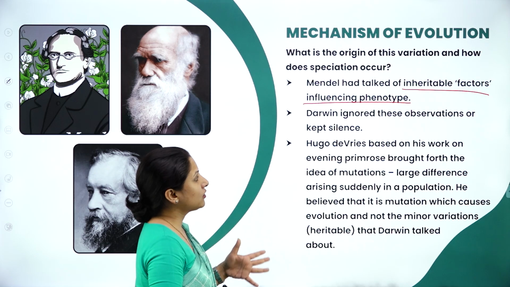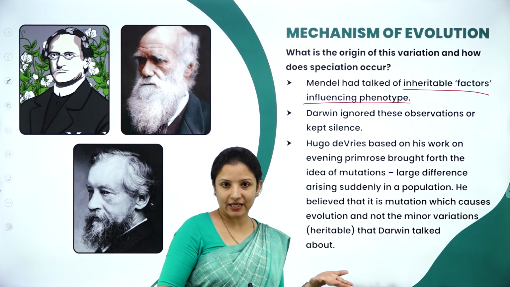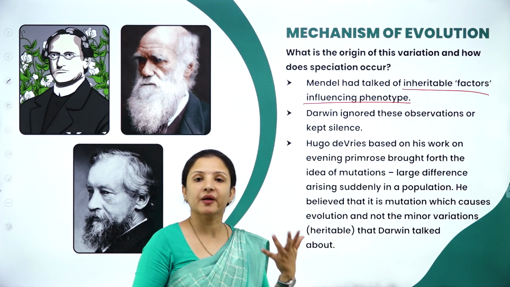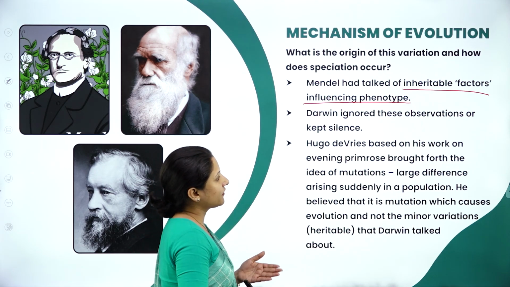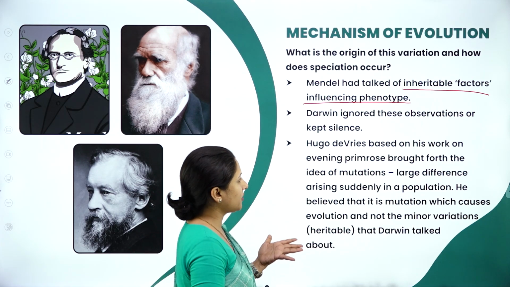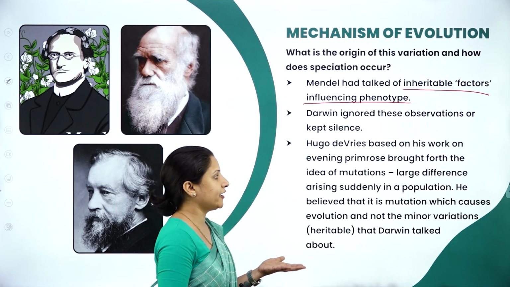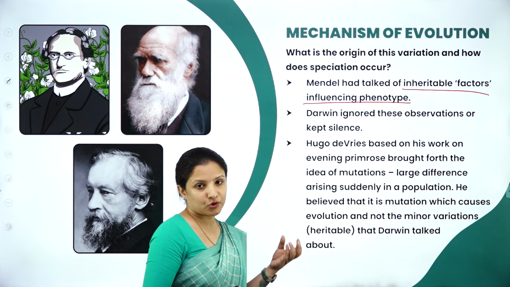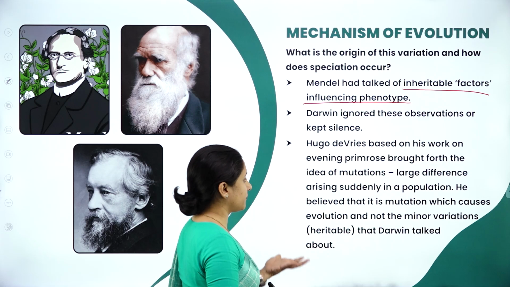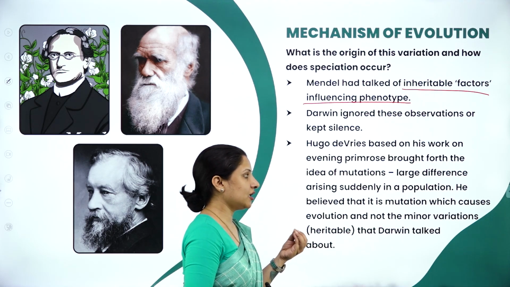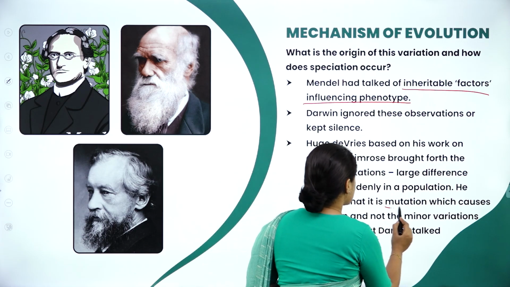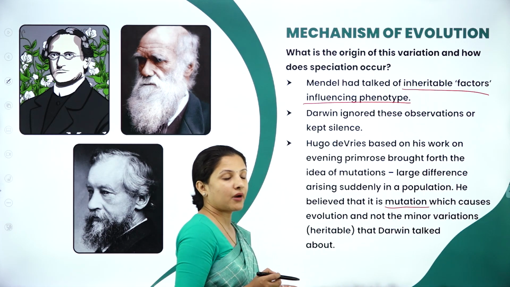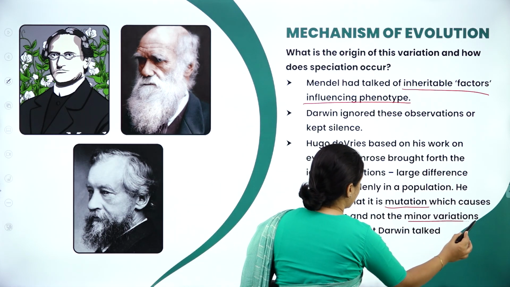So Darwin ignored these observations, or he kept silent. That is, Darwin didn't pay attention to the theory of Mendel, and Hugo de Vries, based on his work on evening primrose, brought forth the idea of mutation, and these mutations create a large difference arising suddenly in a population, and he believed that it is the mutation which causes evolution and not the minor variations that Darwin had talked about.